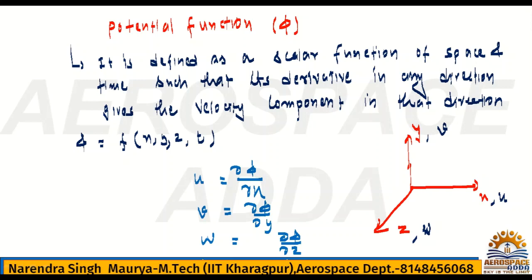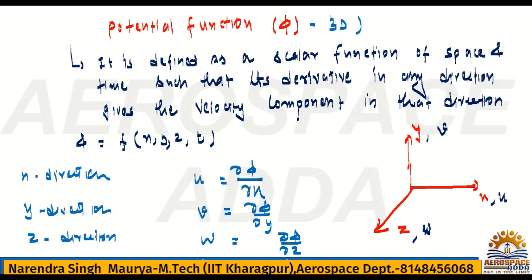This is all about potential functions. This is the x direction, this is the y direction, and this is z. Remember, this is valid for 3D flow, but the stream function was valid only for 2D flow.